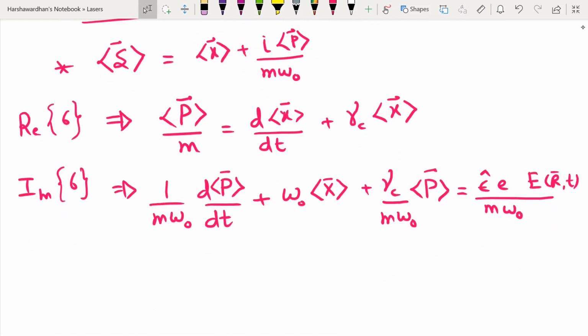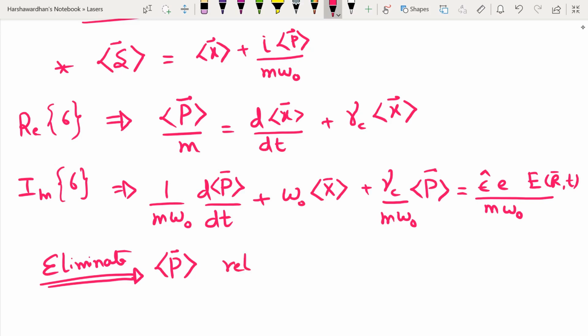Clearly between these two I can eliminate P, and basically retain only x and its derivatives, right?